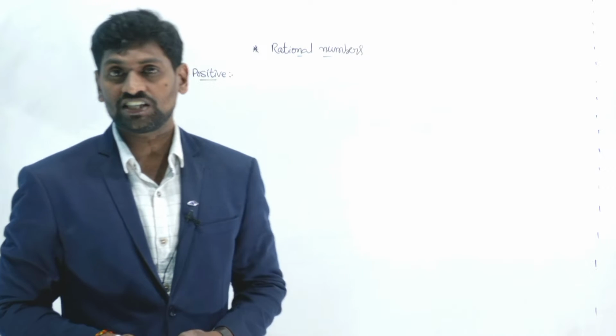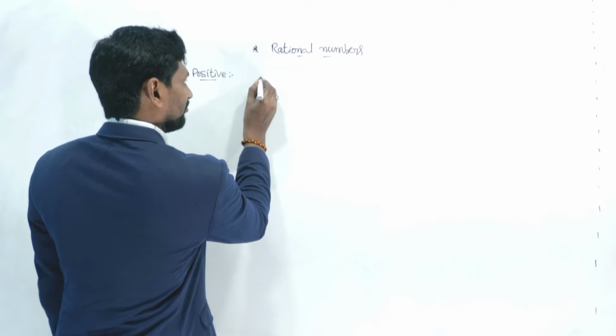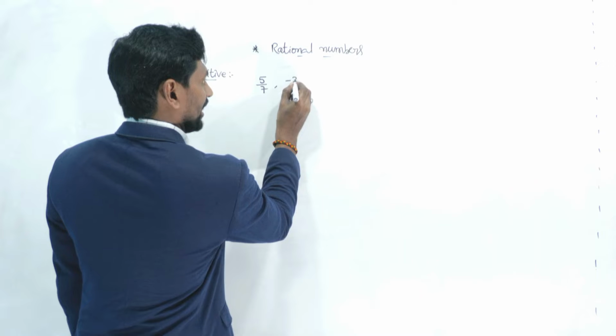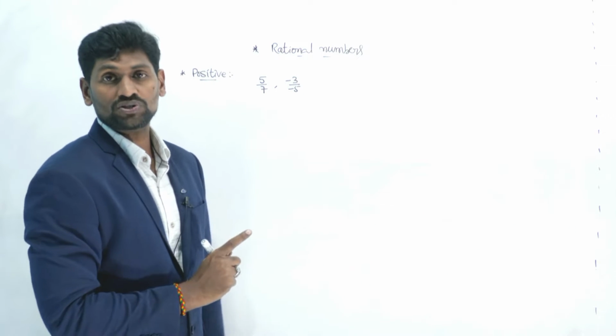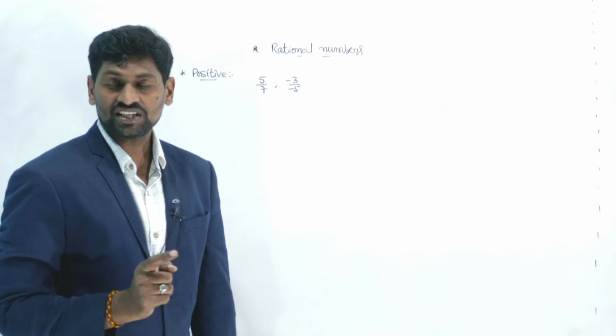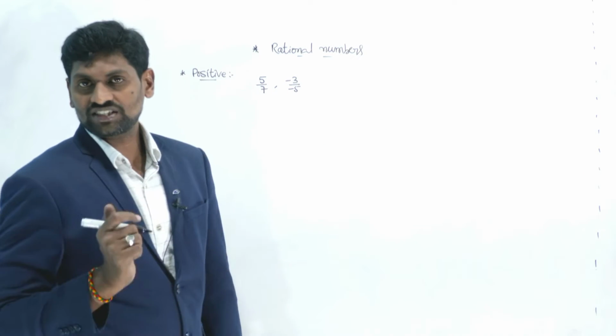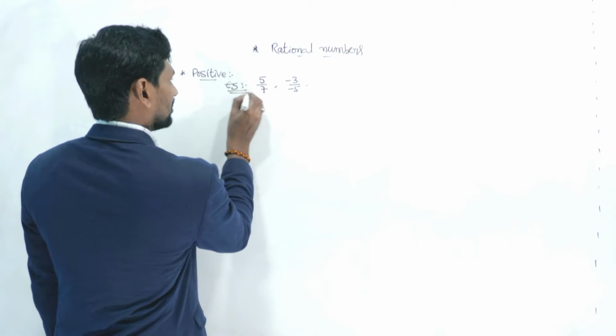Such type of rational numbers are called positive rational numbers. Like 5 by 7, minus 3 by minus 5. Minus 3 by minus 5 is also a positive rational number. Both numerator and denominator having the same sign, they are called positive rational numbers. This is an example for this.